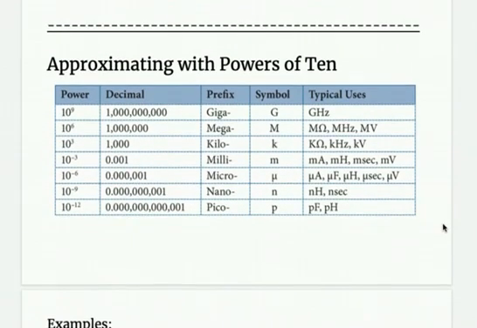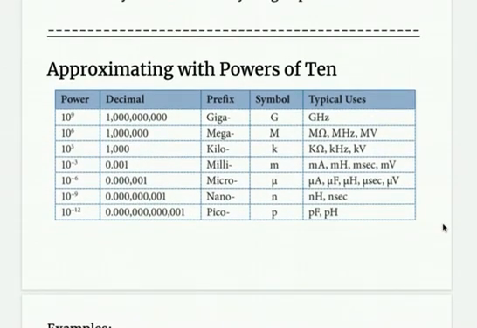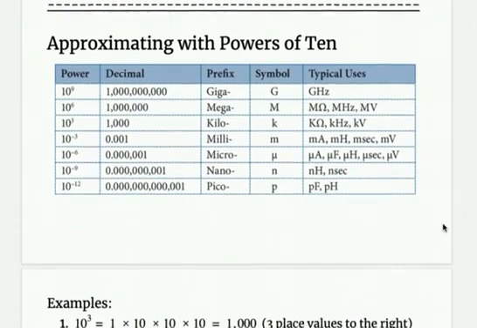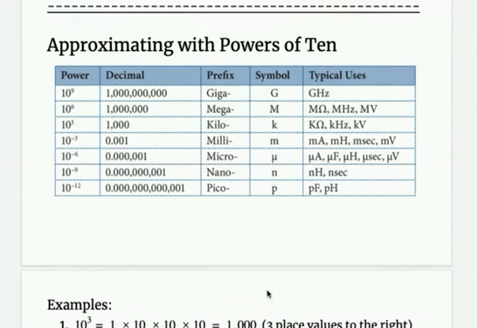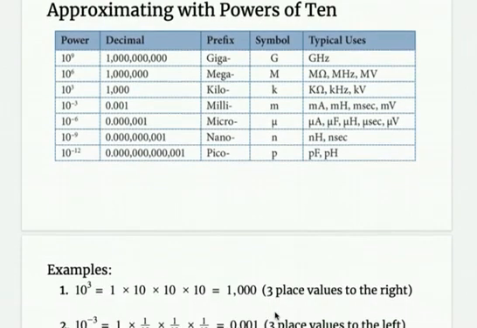So how are you going to use powers of 10 to approximate? I'm going to give you some examples. If I were to write a number like 1,000, I would know that it is 10 multiplied by itself 3 times. So instead of writing 1,000, I can just write 10 to the 3rd power. It's 3 place values to the right.